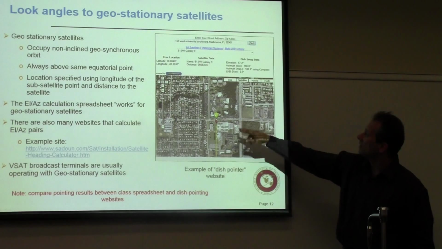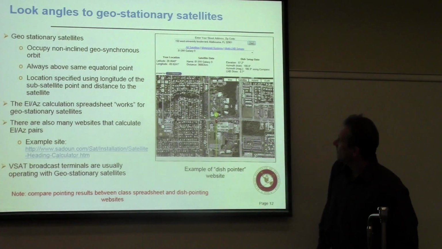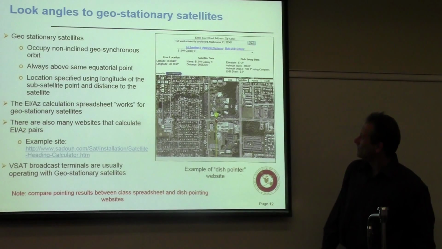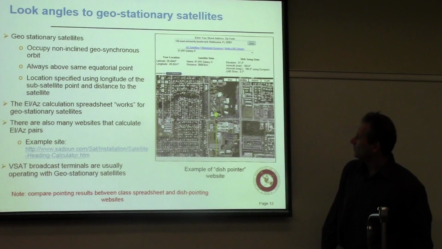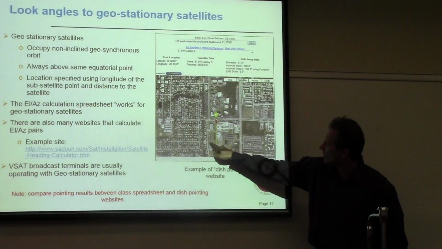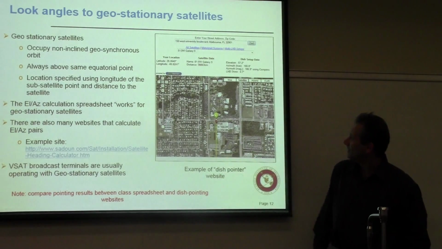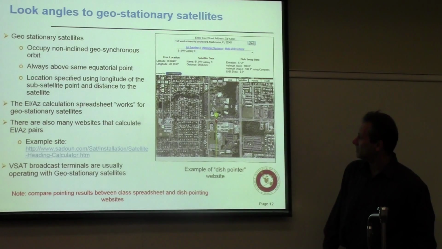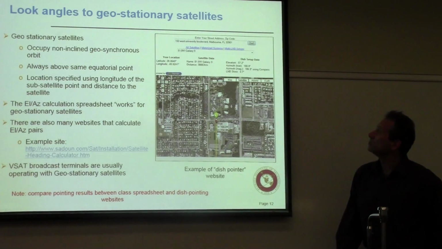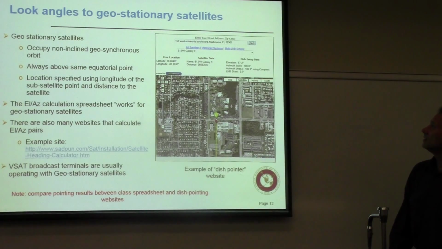So for example, here, where am I? I'm in my office here at FIT, and notice, I think this map was from before we put up the Harris building, so that building is missing. I'm trying to point to Galaxy 9, which is one of the satellites used for television broadcasting.